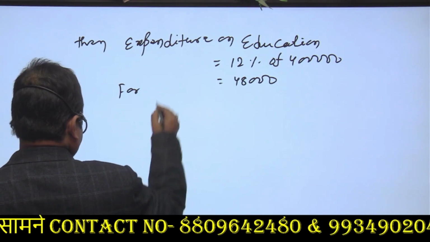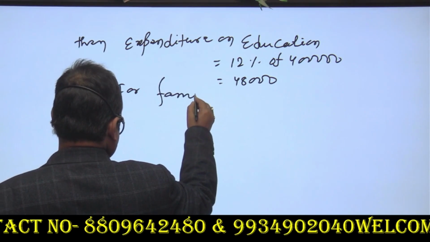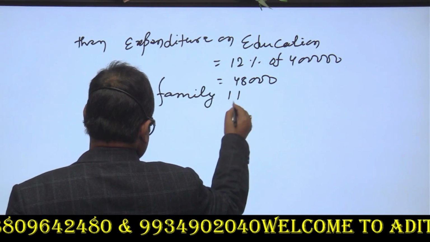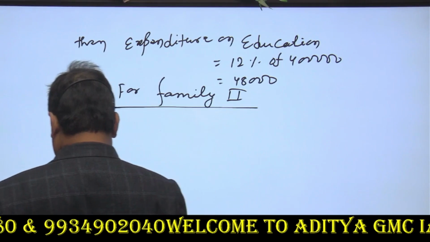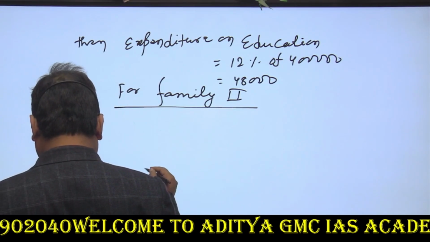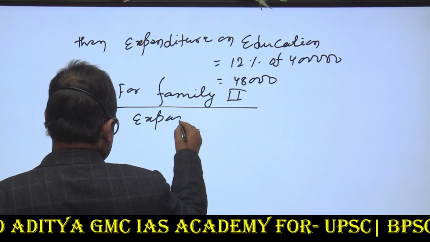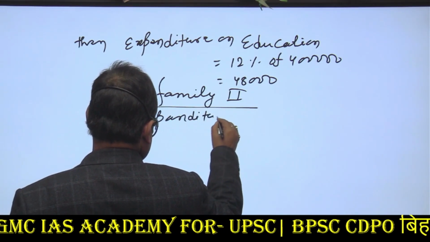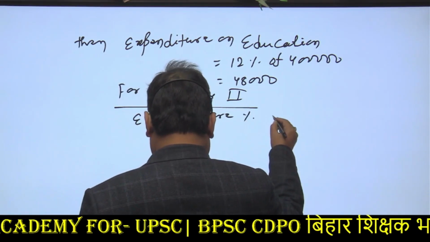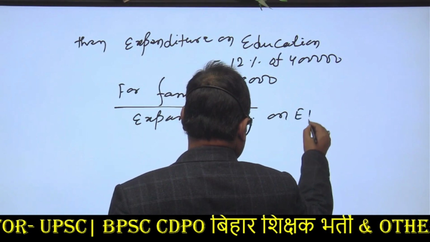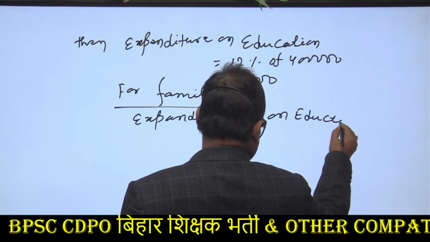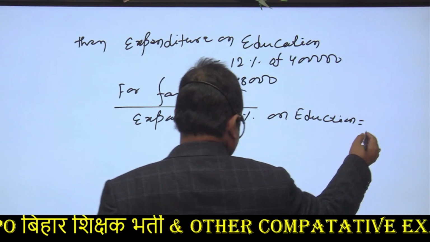For family 2, expenditure percent on education equals to 8.